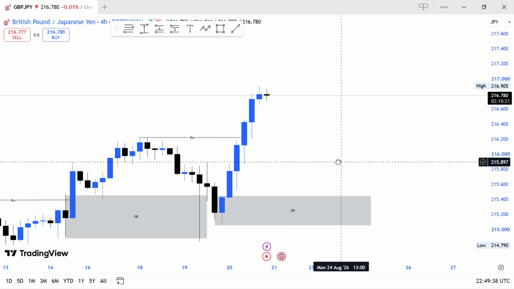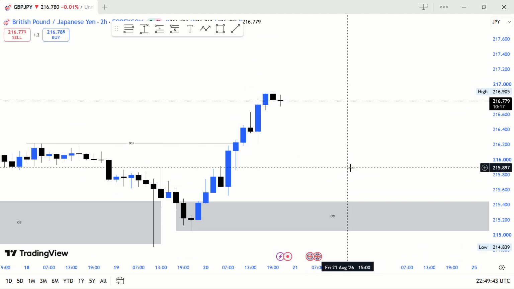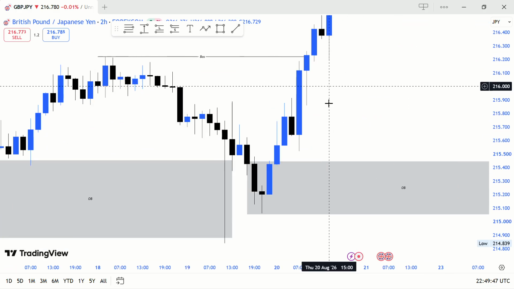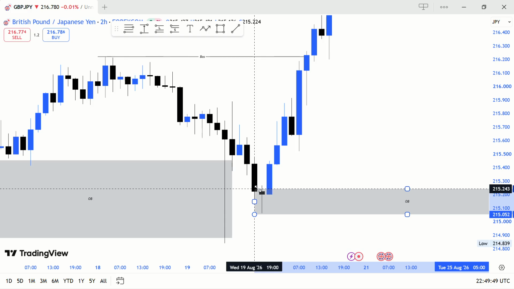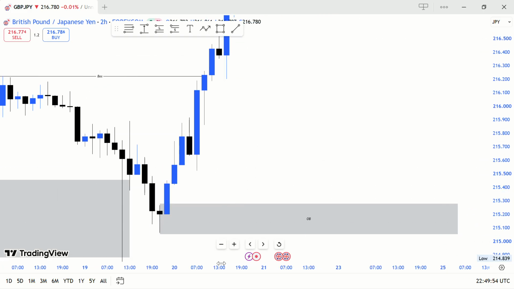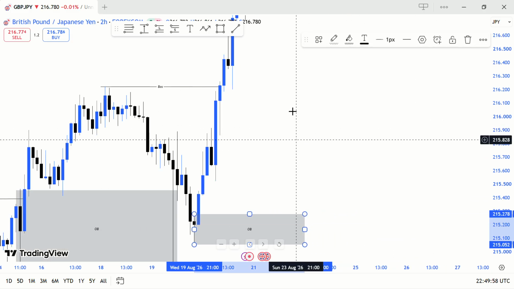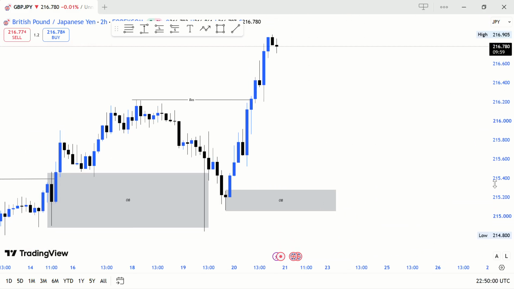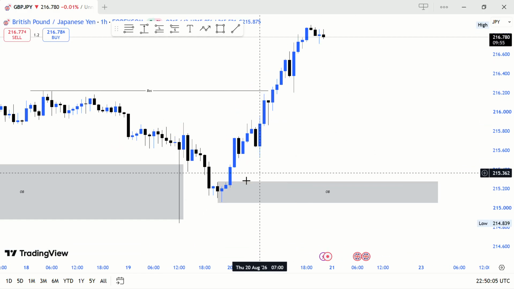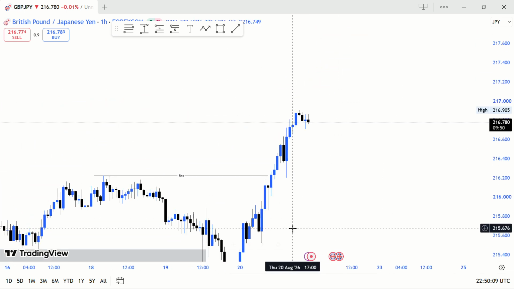Alright, move on to the 2 hour time frame. From the 2 hour time frame, it has been adjusted to this side. And then the 1 hour time frame is still in check.